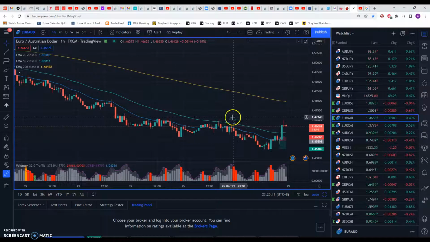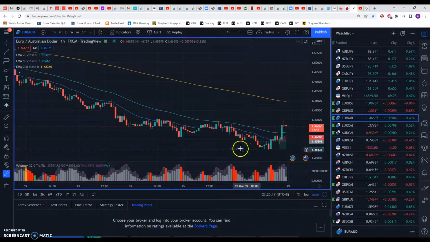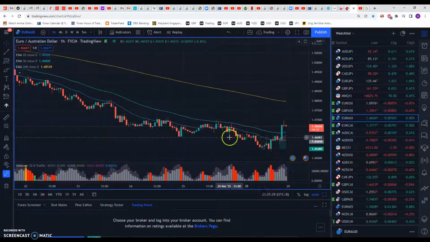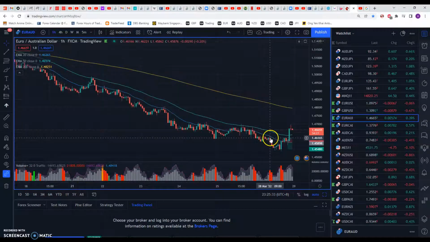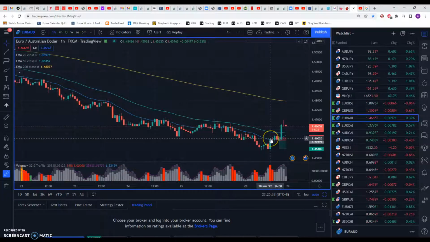As you can see, during the Asian, no, sorry, during the New York Open, the price is at this level over here. Because of this strong downtrend, I was actually expecting this level to hold.